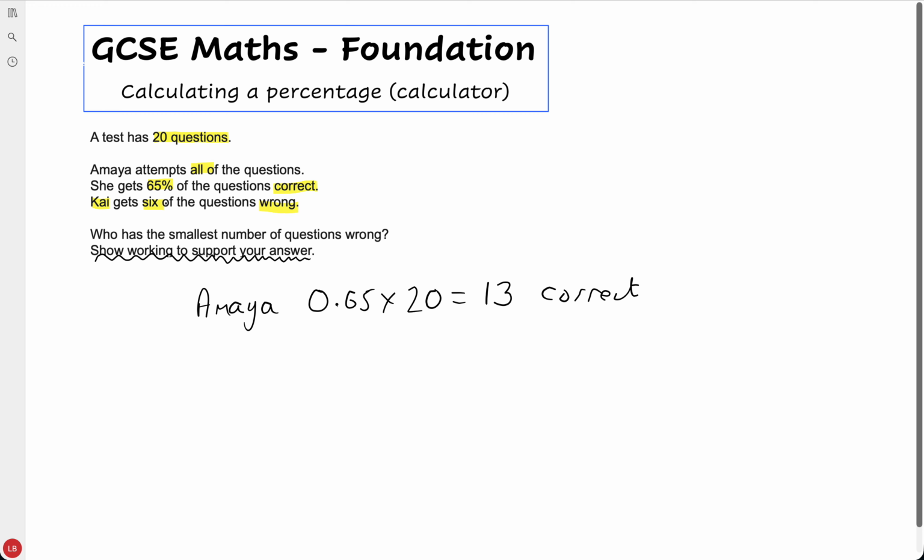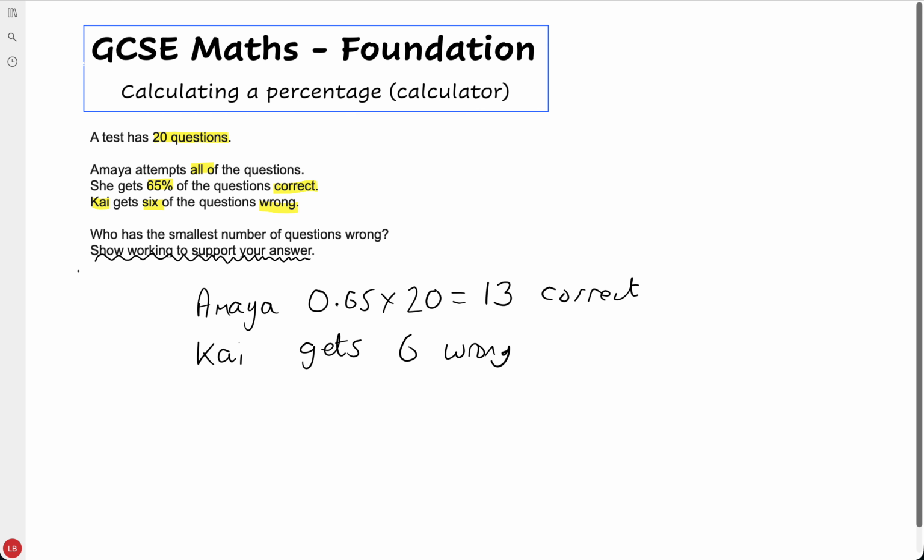And here, Kai gets 6 of the questions wrong. Okay, well, I can write that down, but there is a mismatch. Kai, I don't need to do any working out. It tells us in the question, gets 6 wrong.